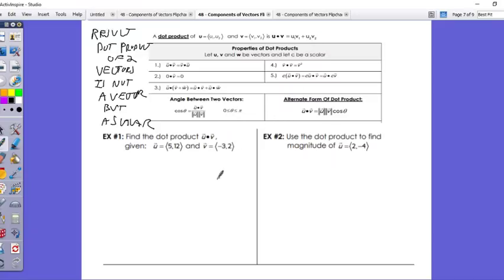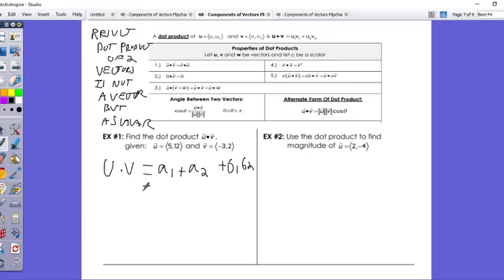All right? Let's find the dot product of vector u and vector v if u is 5, 12 and v is negative 3, 2. So this u times v is going to be equal to a1 a2 plus b1 b2. So let's do the math.